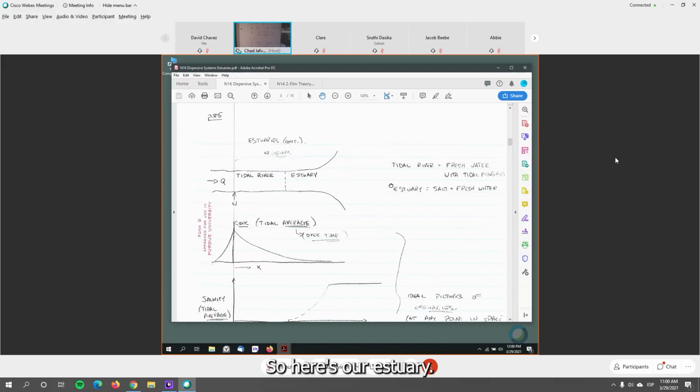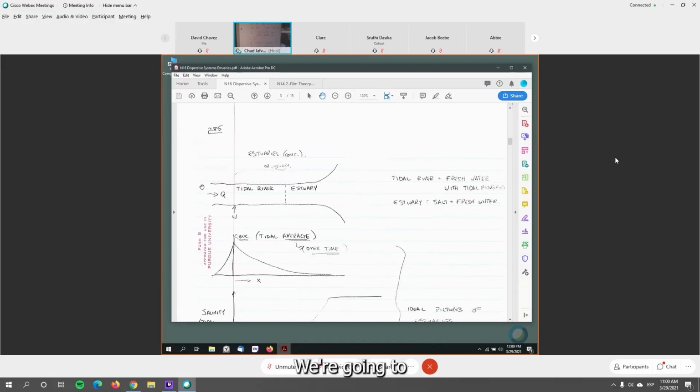So here's our estuary. We're going to do a tidal river and an estuary. What's the difference between a tidal river and an estuary? Anybody know? What do you think it is?